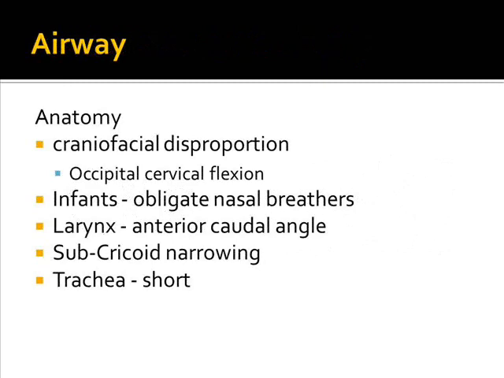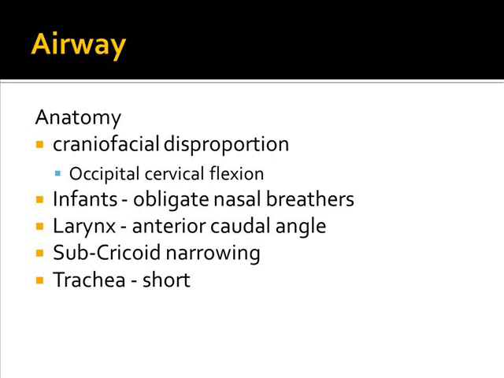Number 2, infants are obligate nasal breathers. It's difficult for them to breathe if there is nasal blockage, which is quite frequent because of problems with the smaller airway, and also likely to be blocked by mucous secretions or blocked by blood or edema in injuries.